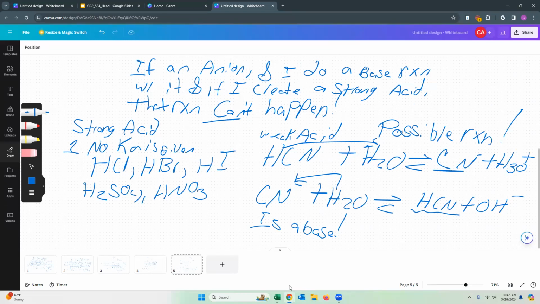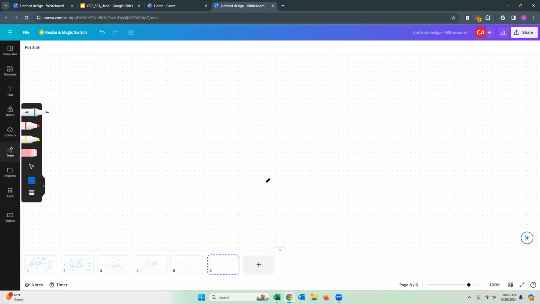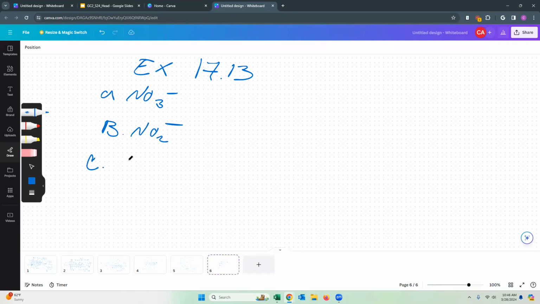So let's do example 17.13. This is from your book. And I have 3 anions: A, NO3 minus, B, NO2 minus, C, C2H3O2 minus. What I want you to do is react them with water, right?